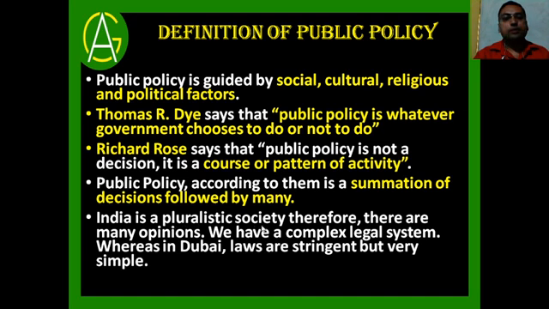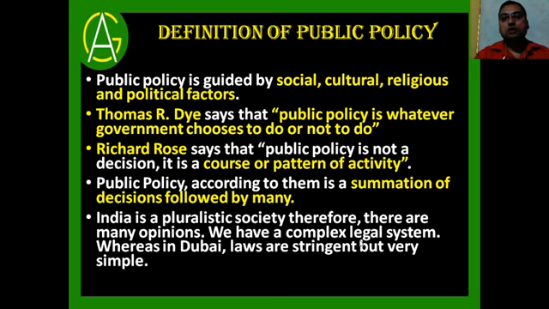India is a pluralistic society. Therefore, there are so many opinions and we have a complex legal system, whereas in Dubai, laws are stringent but very simple. So in India, we have a very complex legal system. Why? Because so many people are there, so many religions are there, and government has to consider all these religions, the feelings and emotions of all these people must be taken into consideration.